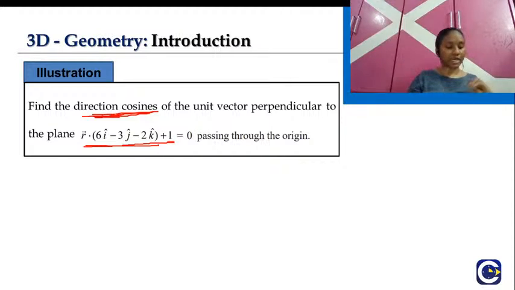I asked about direction cosines, so you have to give three values: L value, M value as well as N value.